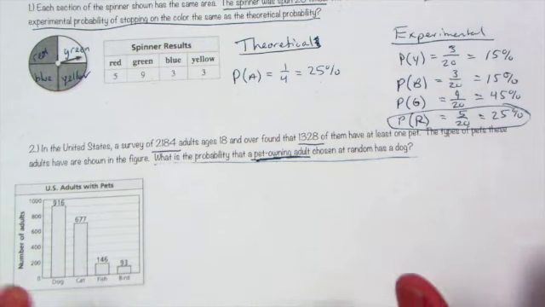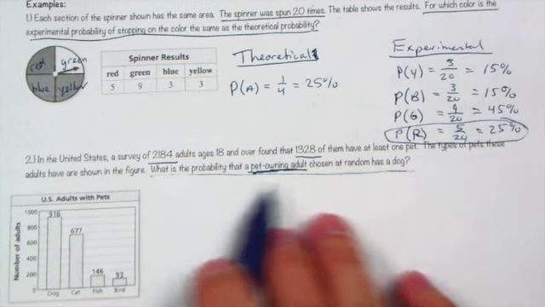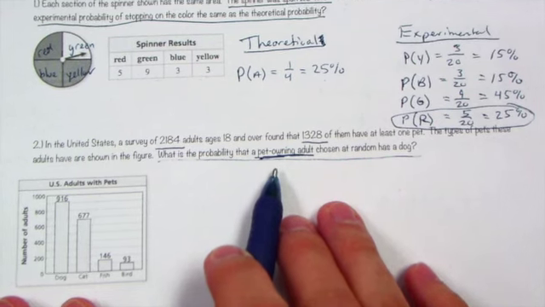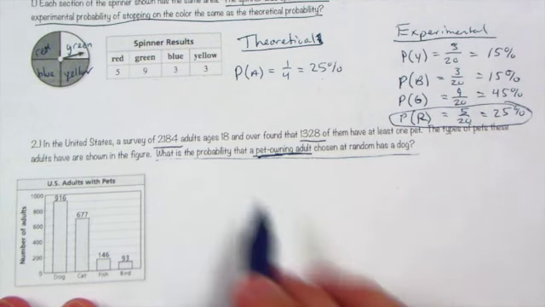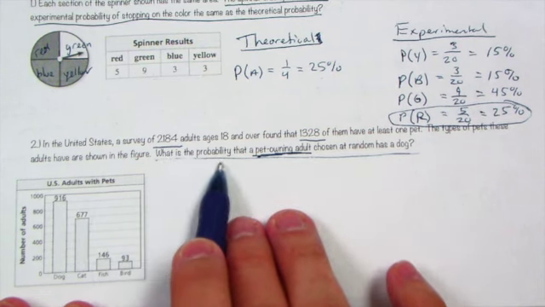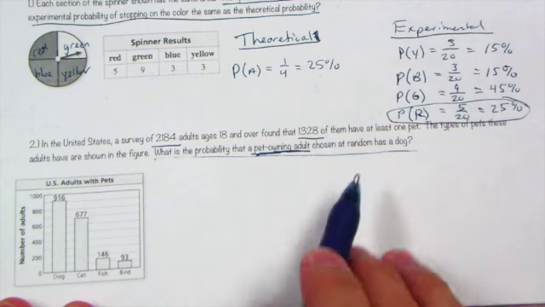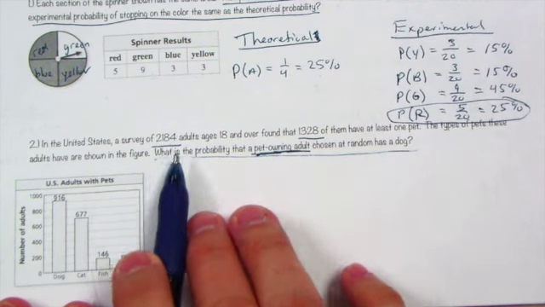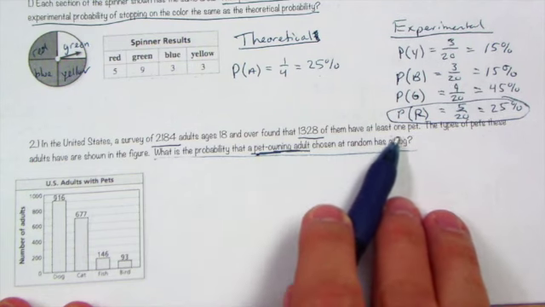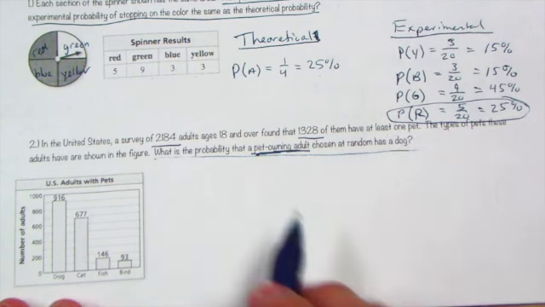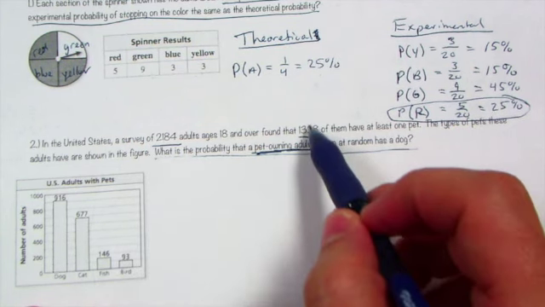Now, there's a bunch of stuff here, and the reason for really doing this type of problem is to focus on information that is necessary. Because we are asking what is the probability that a pet-owning adult has a dog, the fact that they surveyed 2,184 adults and only 1,328 of them had at least one pet means that they surveyed just random people, and these are the ones that had pets.